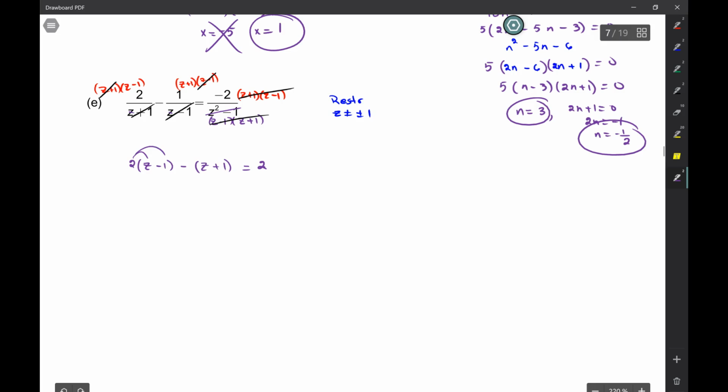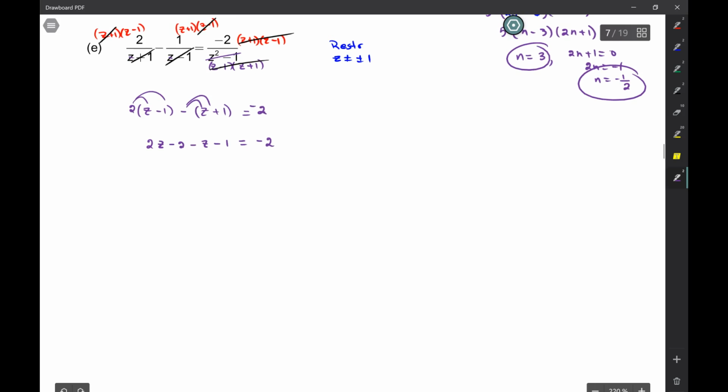Yeah? It's negative. That's what I said. 2z minus 2 minus z minus 1 equals negative 2. 2z and negative z is 1z, minus 3 equals negative 2.